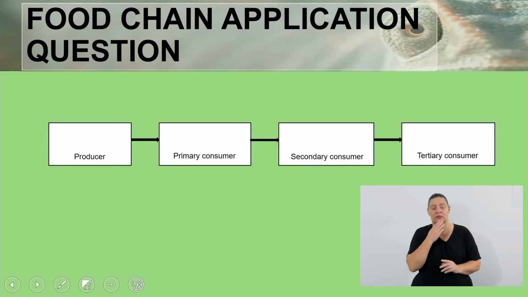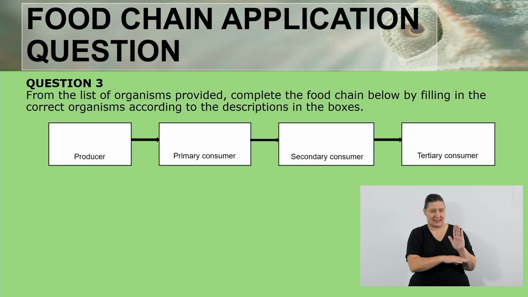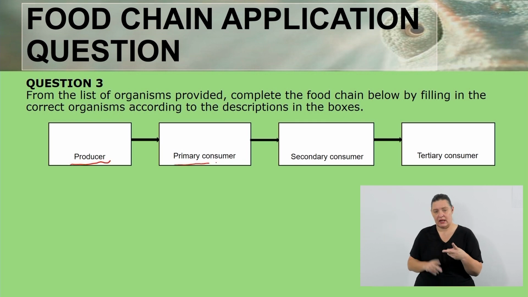Right, so we are going to move on to our last question. Our last question says, from the list of organisms provided, complete the following food chain by filling in the correct organisms according to the descriptions in the boxes. So let us look at the boxes. The first box has producer on it, and the second one has primary consumer.